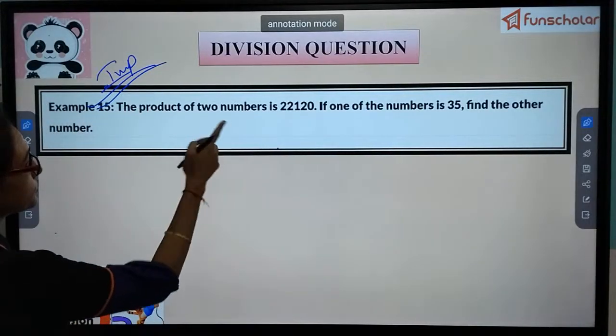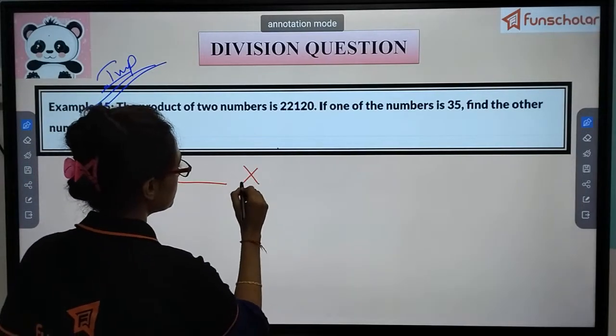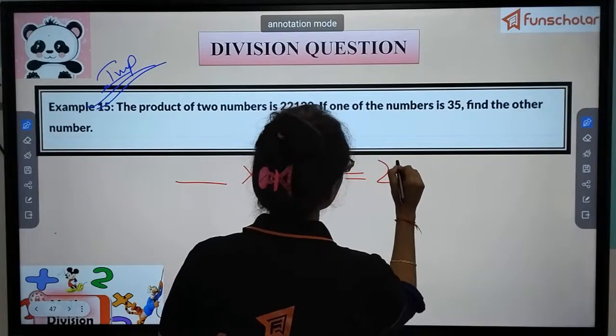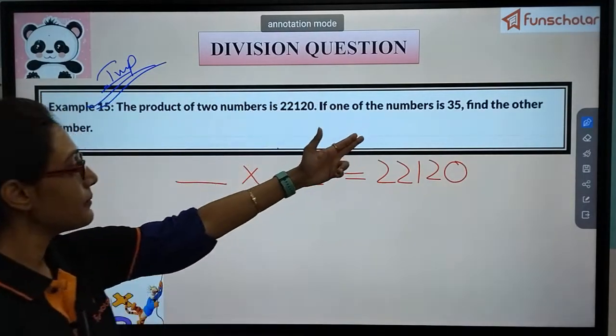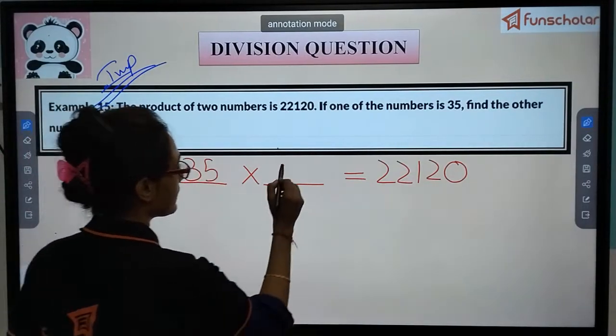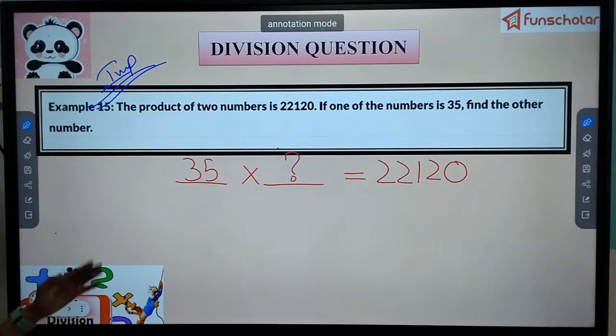So product of two numbers is given. This is the first number into something equal to 22120. And one number among it is given, 35. And another number we have to find out. So how we will find out?